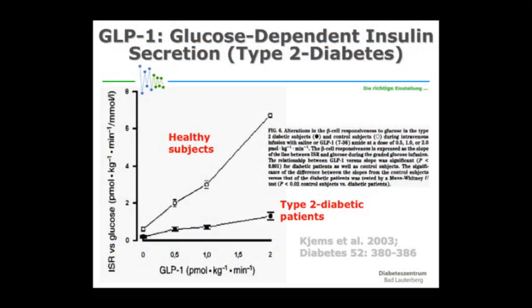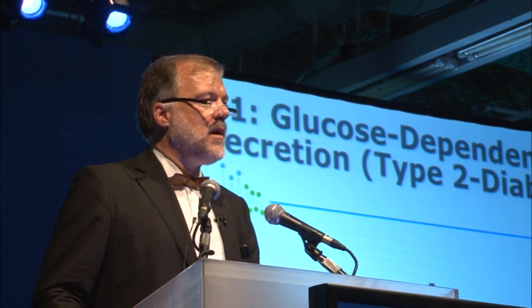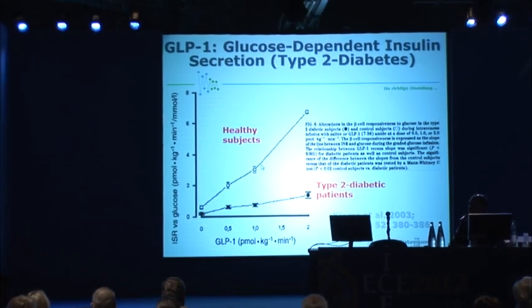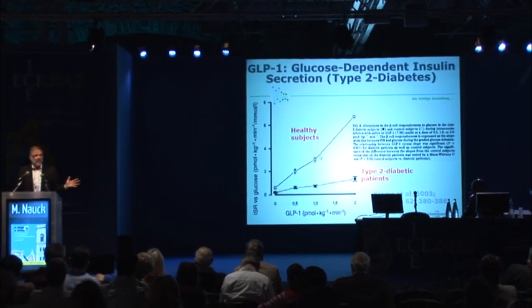GLP-1 makes the slope steeper, relating insulin secretion to glucose concentrations. And at any GLP-1 dose, and the pharmacokinetics of GLP-1 are not different in type 2 diabetic patients than in healthy subjects, so this also applies to the GLP-1 levels. This slope was steeper in healthy subjects by approximately a factor of 4.